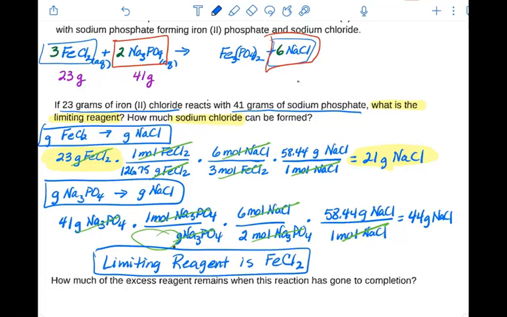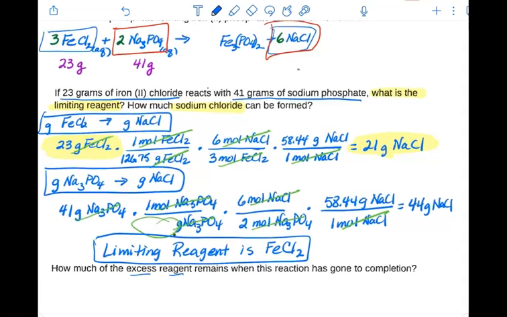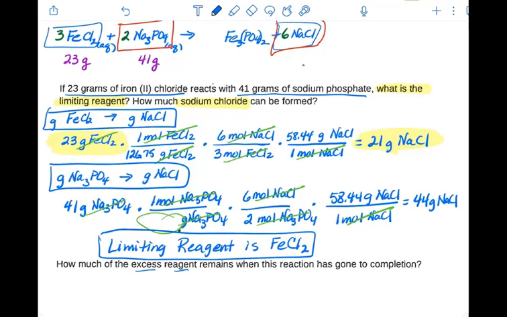Okay, all that work. Now, next thing we're going to do, we want to know how much excess do I have. So I have 41 grams of sodium phosphate. I definitely don't need all that. So I need to see how much I need. So here's where it kind of becomes a little tricky. You can actually do this several different ways.